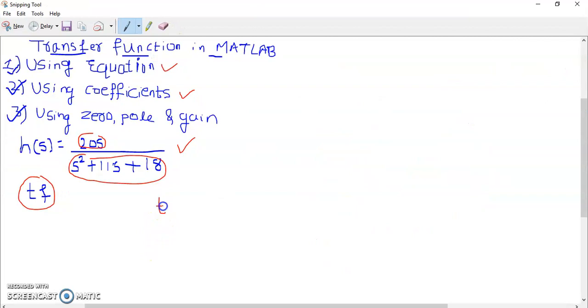You need to write the command TF, and in a bracket, numerator coefficients, comma, denominator coefficients.